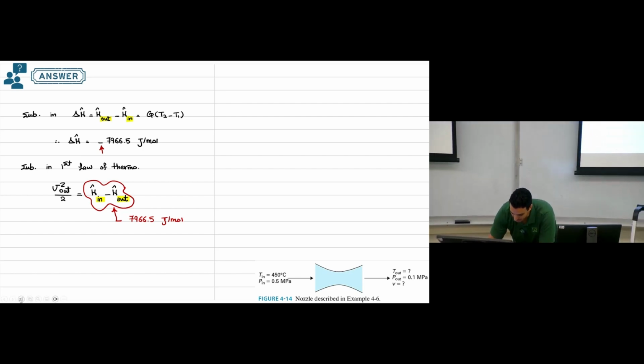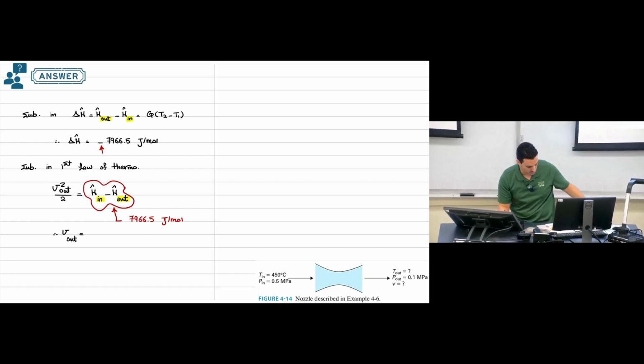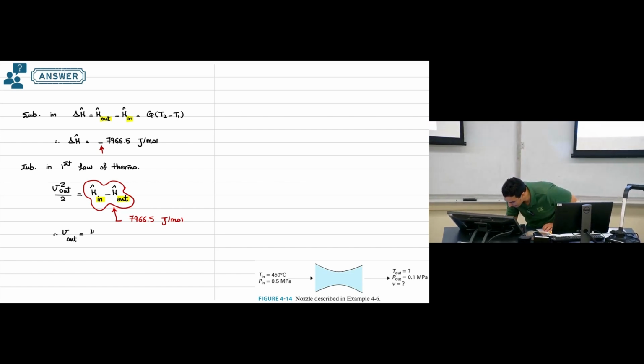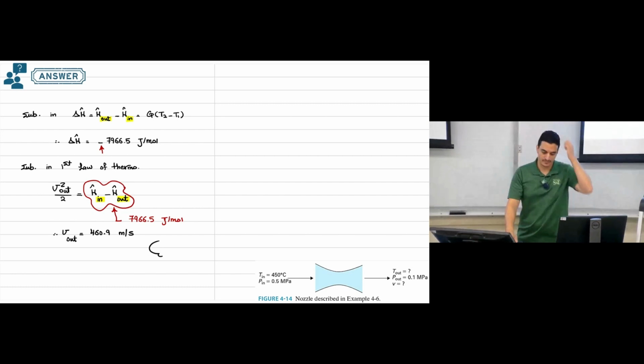So make sure that you consider this sign convention. So if you did this and substitute in the equation, then the outlet velocity that we have here will equal 460.9 meter per second, and this is the requirement that we need to calculate.